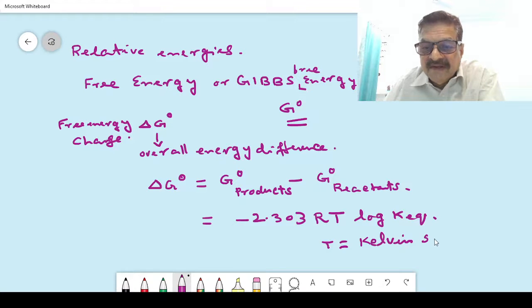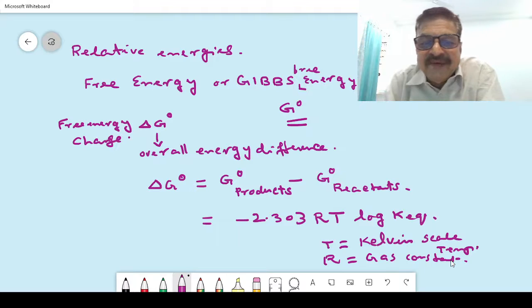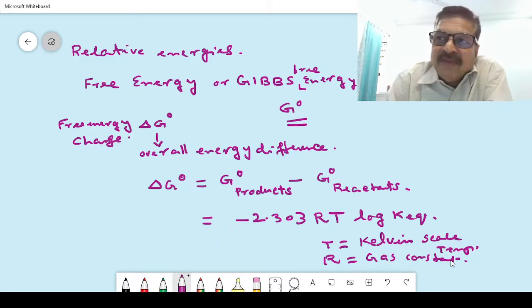R is a gas constant. These are all interrelated. We are more concerned with the KEQ here, the equilibrium constant, and how it is related to the free energy change. So we are coming to that point now.